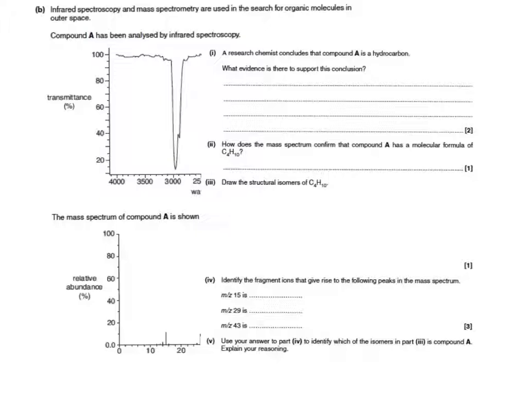We need to identify that the fact has this formula by looking at the molecular ion. Once we know that it is in fact C4H10, we can draw the various structural isomers. Finally, we can also look at the fragments in the mass spectra, compare them to the kind of fragments we're going to get in these isomers to see which is the most likely possible match.